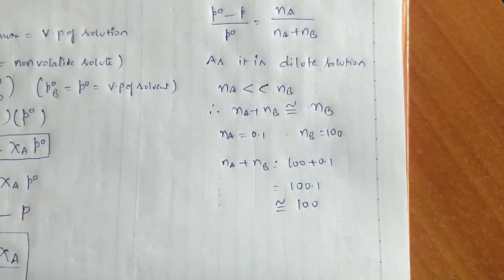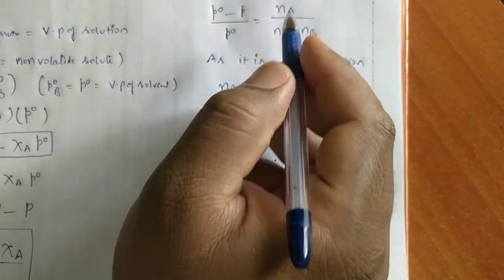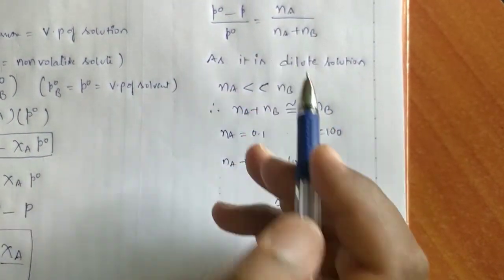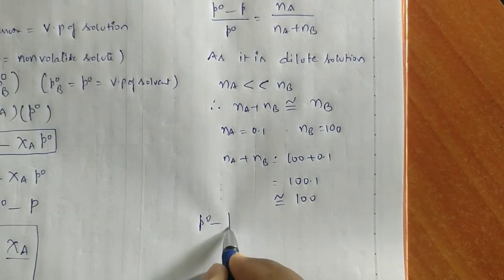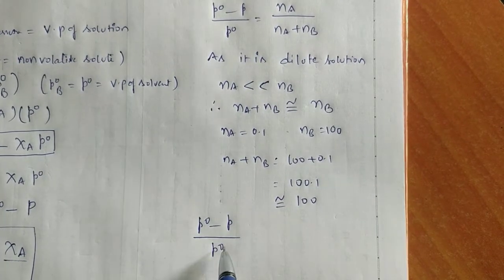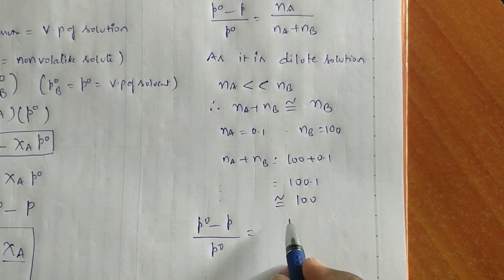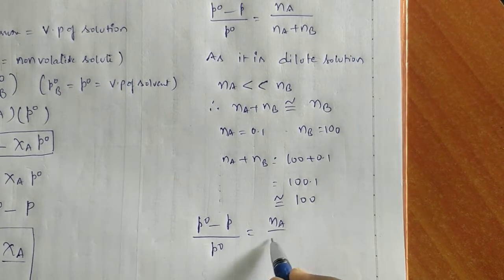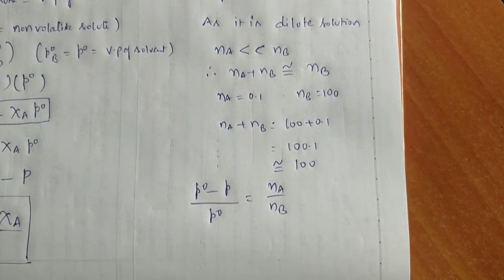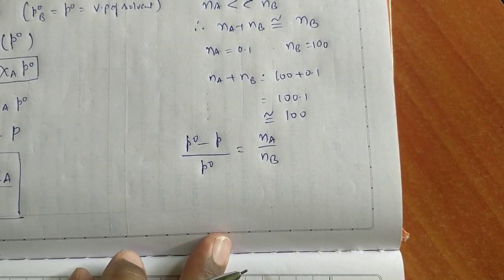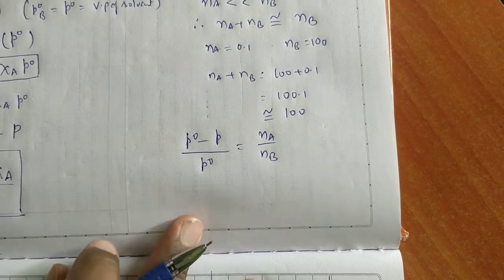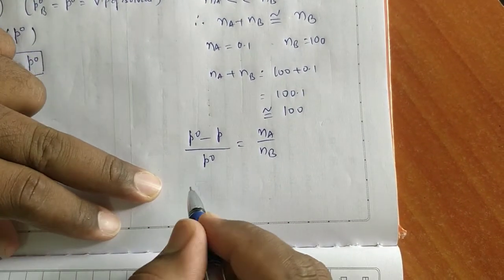But here only Na, so we should not neglect that one in numerator. In denominator only we have to neglect, and the formula will become P naught minus P by P naught is equal to Na by Nb.